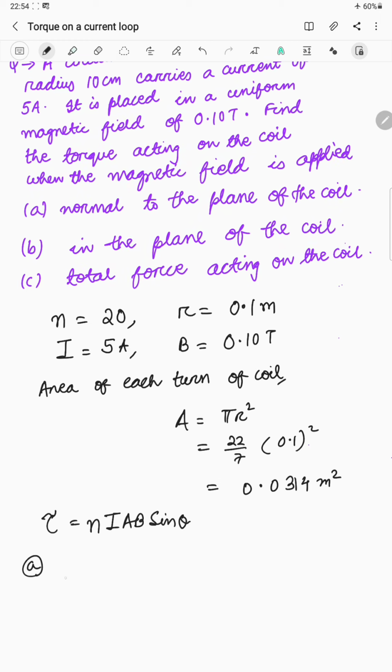Normal means here theta will be 0 degree. Remember this. Students get confused here. Since it is given normal, they take theta as 90 degree. It is not 90 degree. Then what will be tau? Theta equal to 0 degree. So 20 into 5 into area, which is 0.03, into 0.1 into sine 0 degree, and sine 0 is 0, so everything goes to 0.